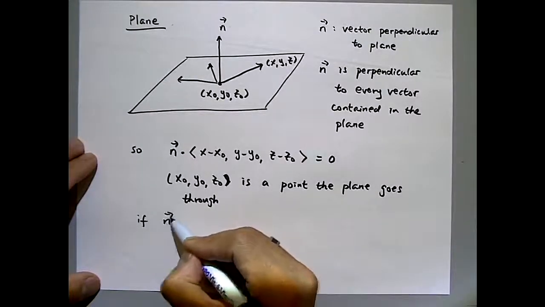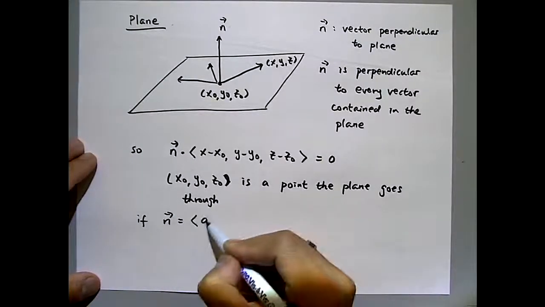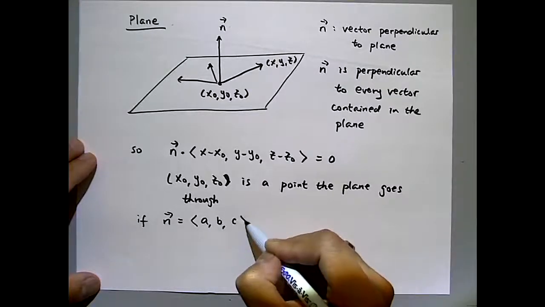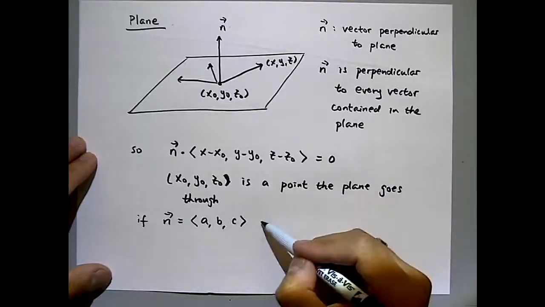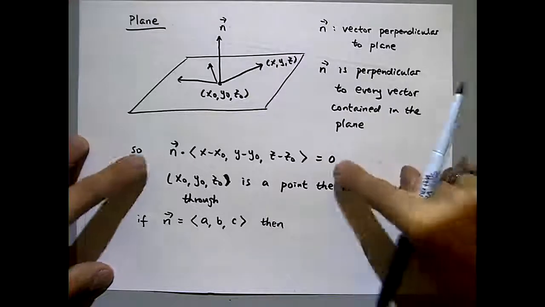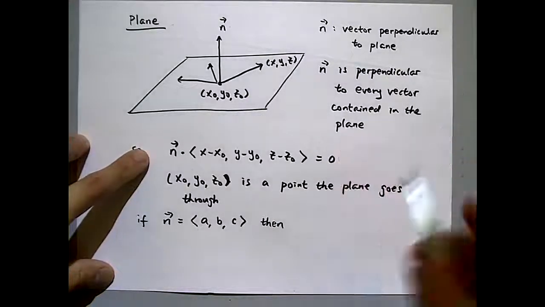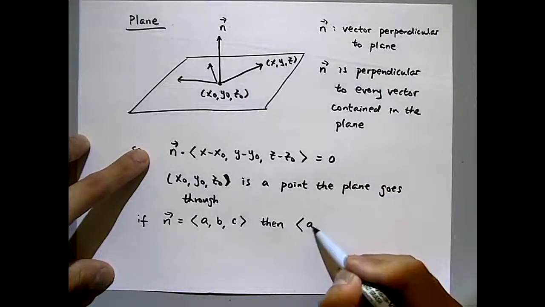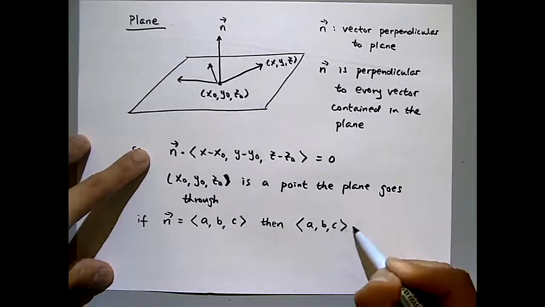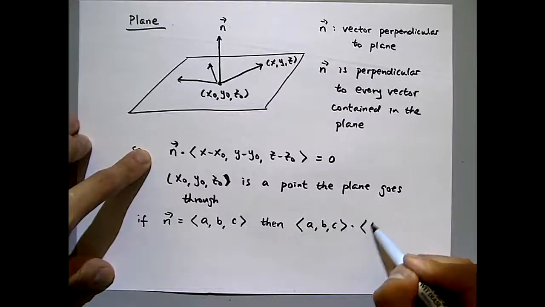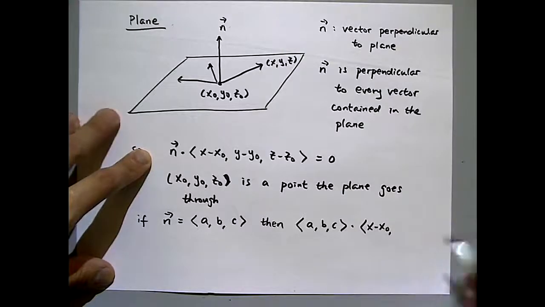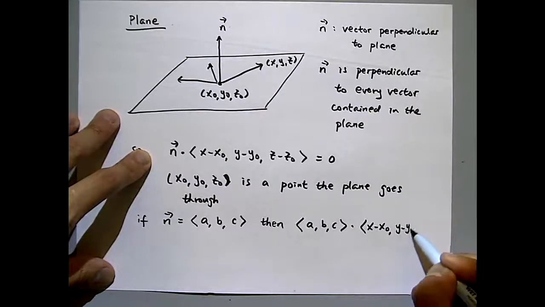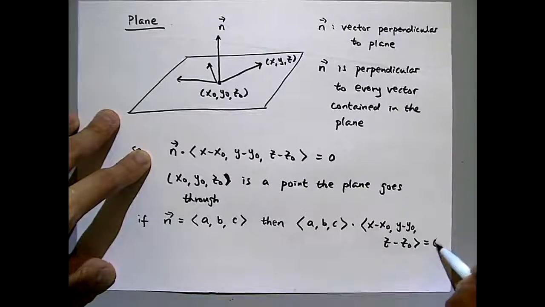If the vector n is given by a, b, c, then this equation right here is a, b, c dotted with x minus x0, y minus y0, z minus z0 equal to 0.